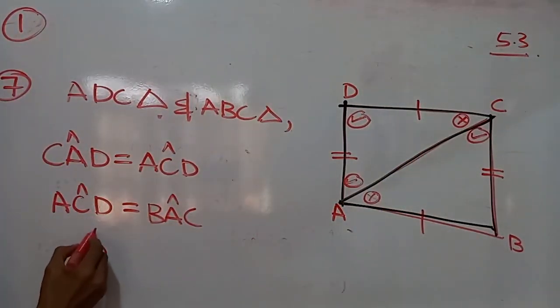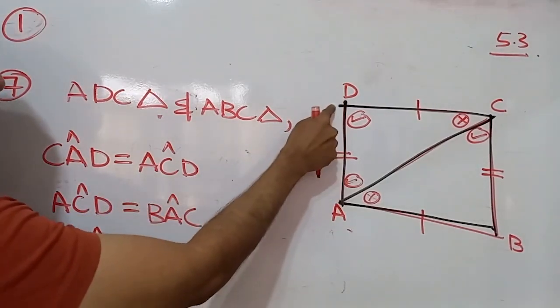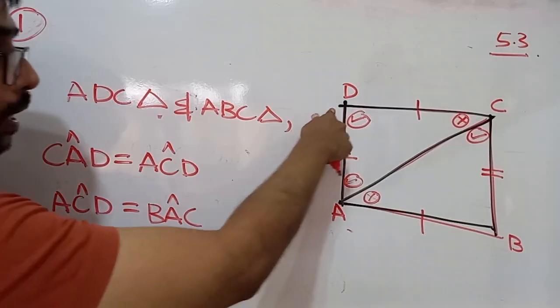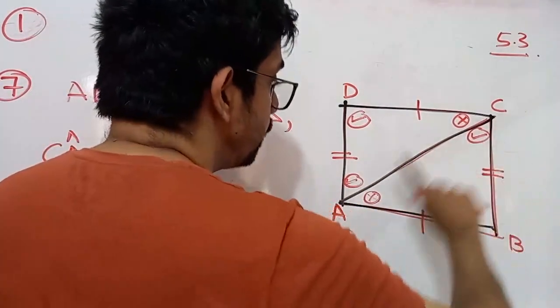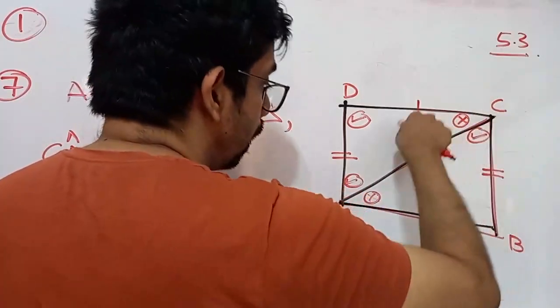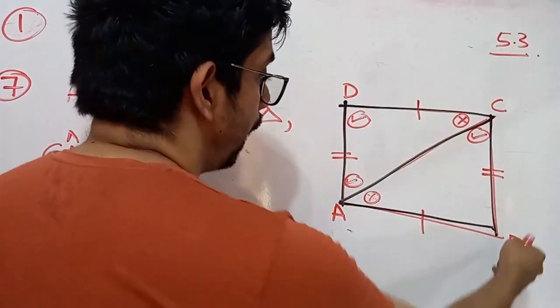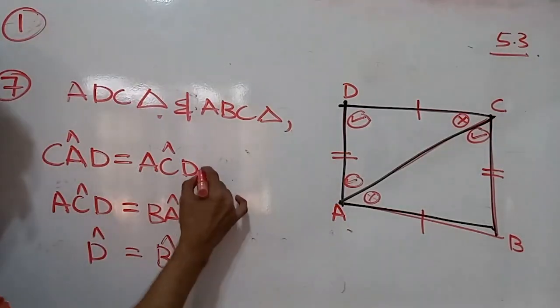Now, here we can easily name this angle as angle D. Right? There is only one angle D, no? Right? So, similarly, if we consider the triangle ABC and we consider the AC side, what is opposite to that? Angle B. So, these are the corresponding elements.